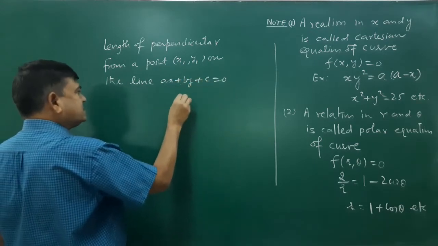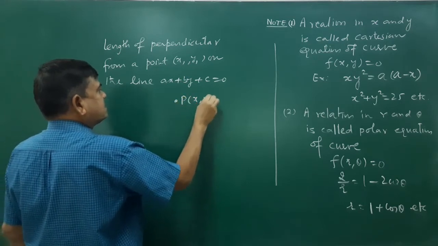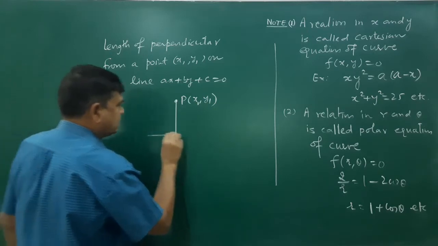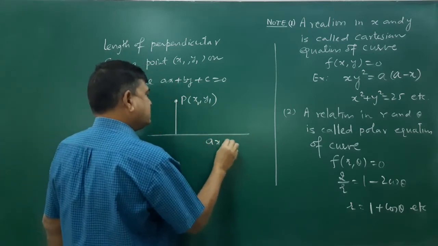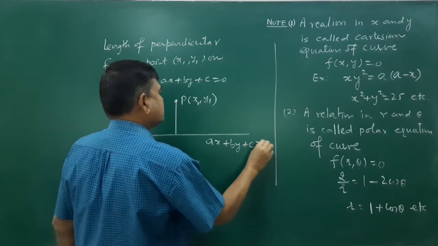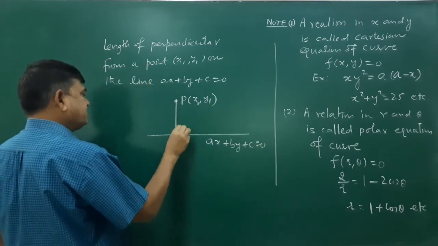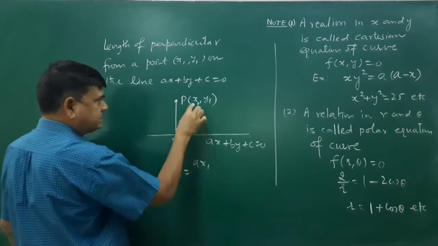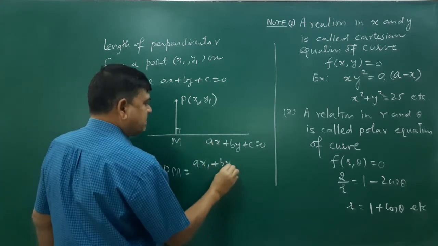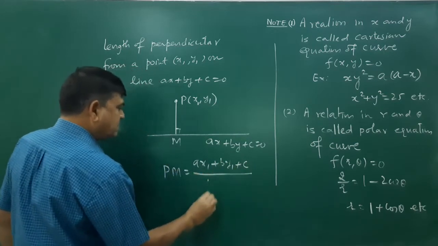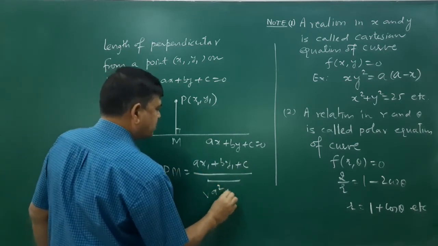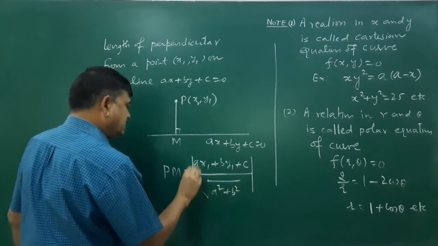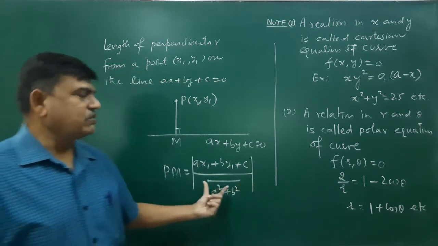You know that suppose this is the point P, x1, y1, and this is the line ax plus by plus c equals to 0. Suppose this is N. So PN is given by, as you know, the modulus of ax1 plus by1 plus c upon under root a square plus b square. Length is always positive, so we consider the modulus sign.